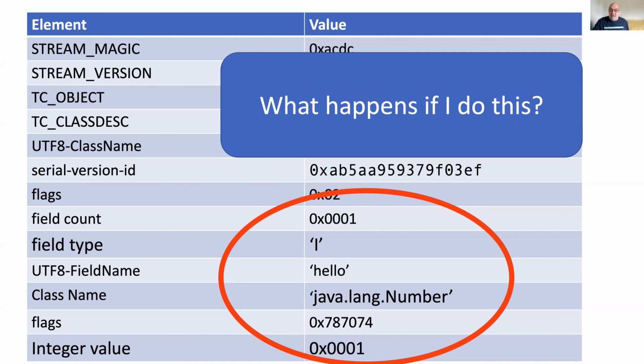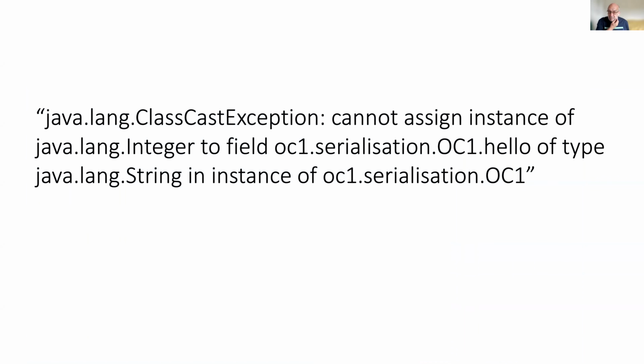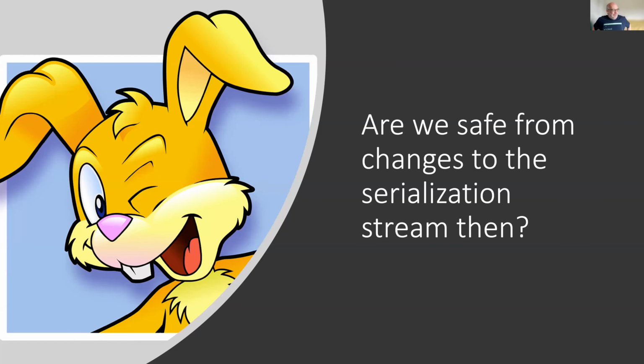Well, when I deserialize that, I get an error, which is exactly what you would expect. I get a class cast exception because an integer won't fit into the slot that's a string. Okay, so that's cool. So are we safe? Does everything happen nicely? Are we protected because the system will prevent those sorts of bad things happening?